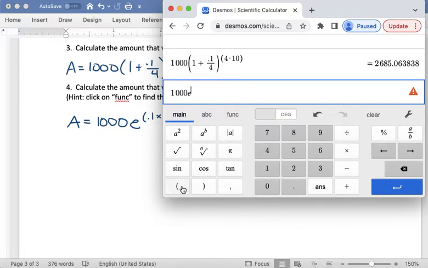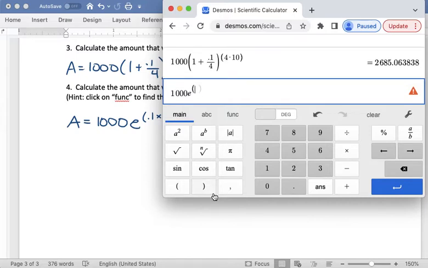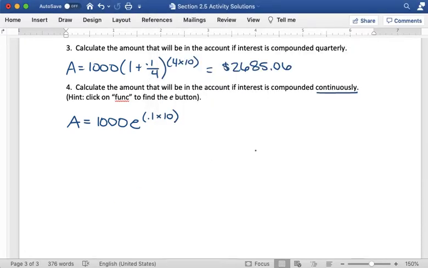So hit the E button. You probably can also use the E on your keyboard as well. And then I'm going to type my exponent here, 0.1 times 10. And I get 2,718.28. And that's how you use the compound interest formulas.